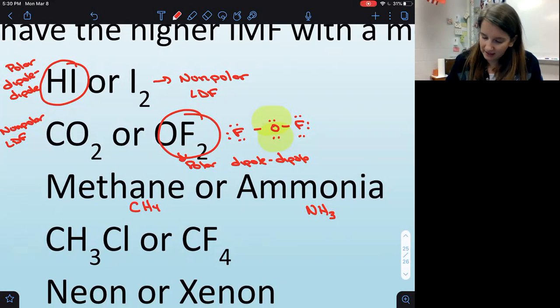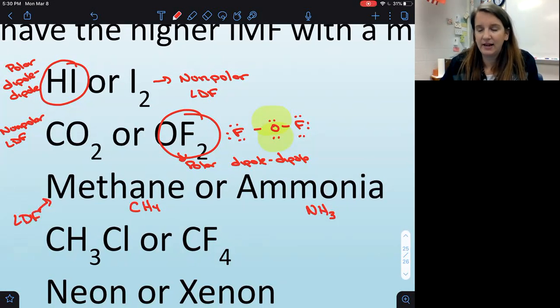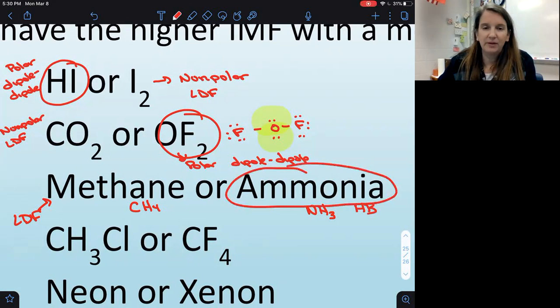So it's going to be the same, which means that this is going to have LDF forces. And I can see NH. The N and the H automatically tells me that 2 ammonia molecules exhibit hydrogen bonding. So this one is going to be stronger because hydrogen bonding is the strongest intermolecular force between covalent molecules.